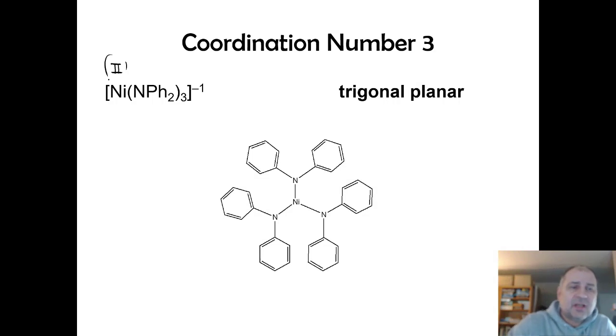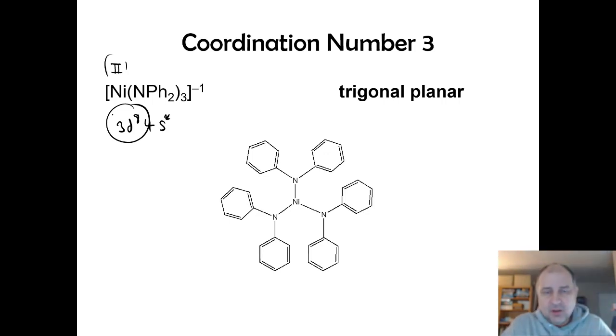If you look at the ground state electronic configuration of nickel, it's going to be 3d8 and then 4s2, and so nickel 2 would lose the 2 electrons, so we would have 8 d electrons.